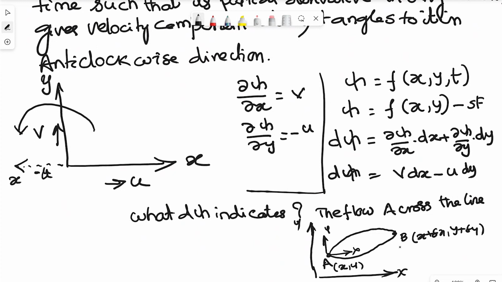So this indicates the flow across the line ACB.